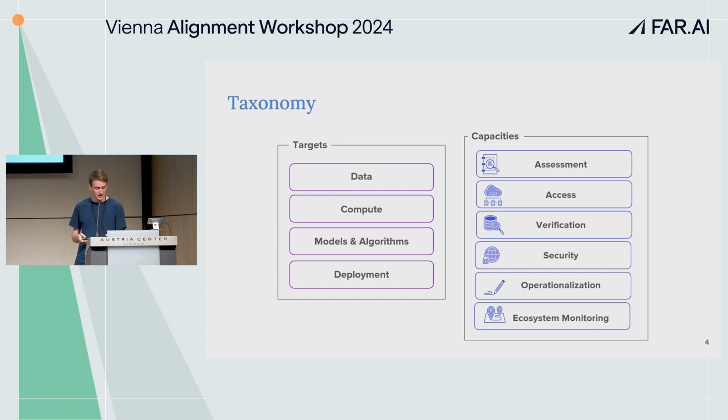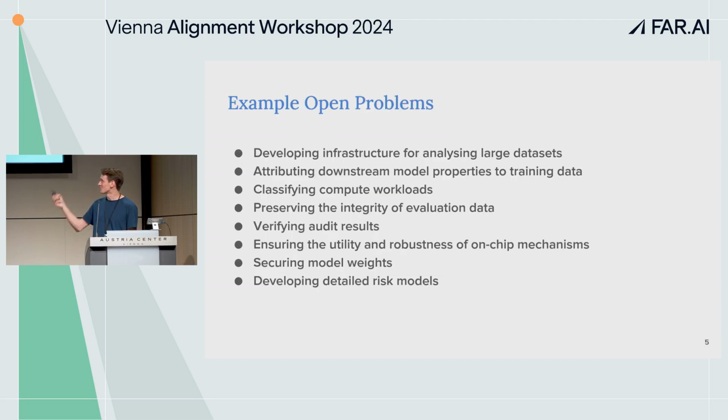This could be being able to verify that a given model was trained on a given data set. In verification and deployment, we can have things like watermarking of outputs or detecting AI-generated content. I've got a bunch more example open problems here, but I see that I'm short on time, so I won't go into these.